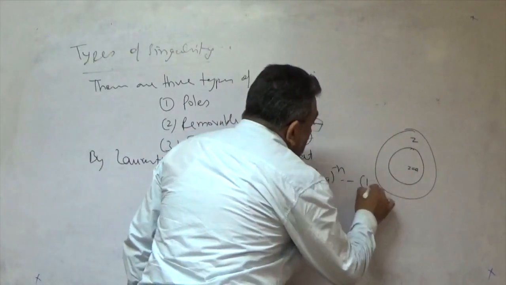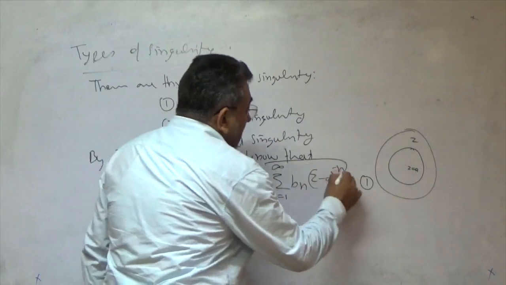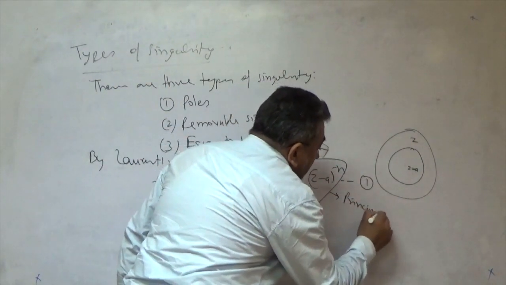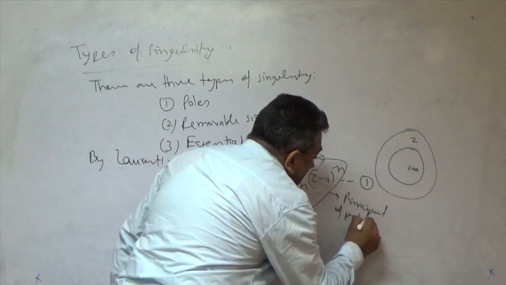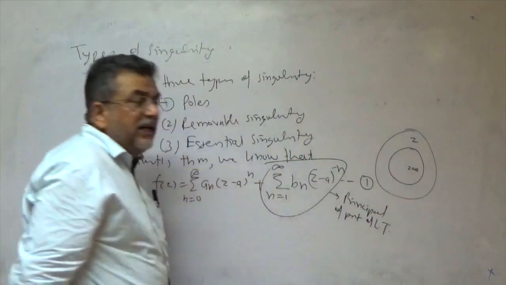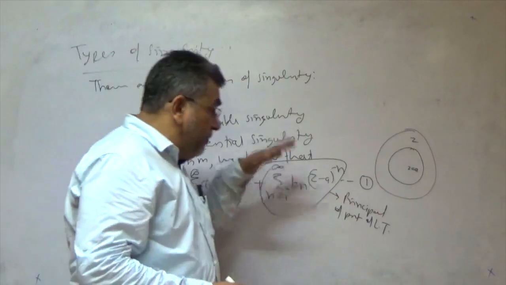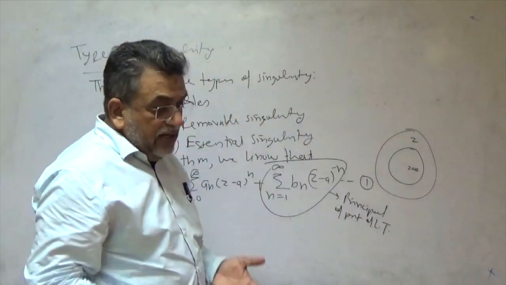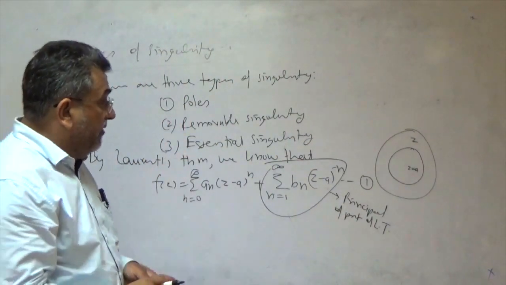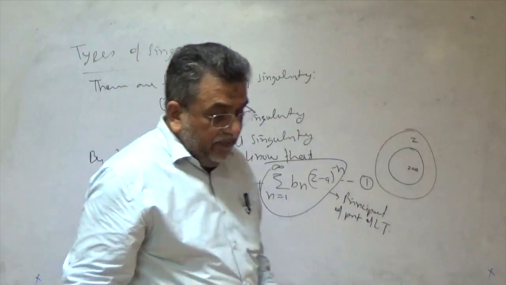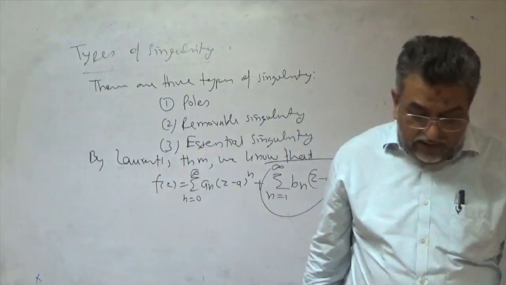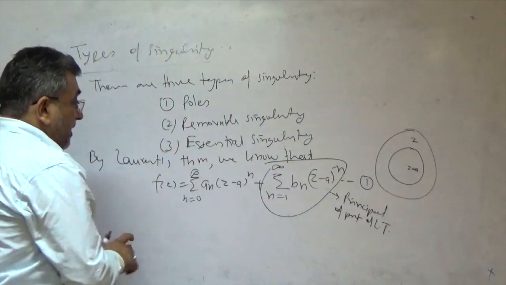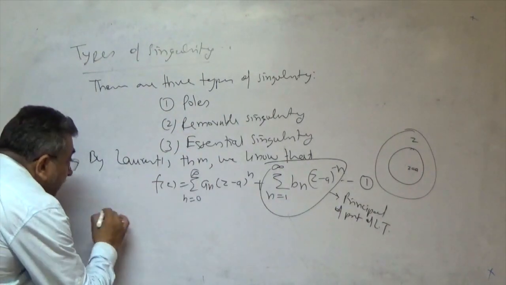In this series, this part is called the principal part of the Laurent theorem, and that is a very important part. With the help of this part, we can define all three types of singularity. It depends upon b_n, our principal part, at point a. And there are three possibilities.